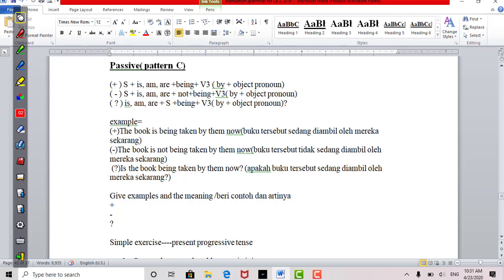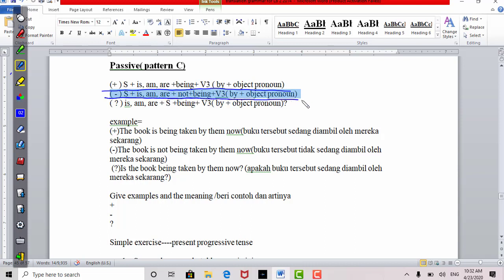Alright, so the formula will be subject plus is/am/are plus being plus verb 3 plus by plus object pronoun. And the negative one is subject plus is/am/are plus not plus being plus verb 3 plus by plus object pronoun.